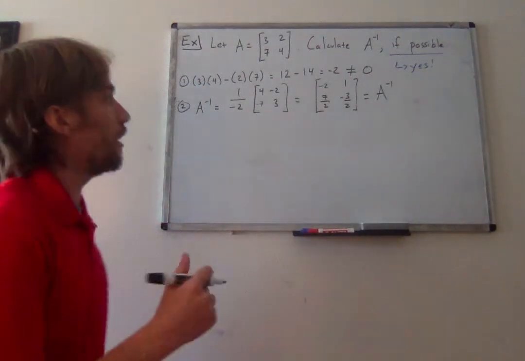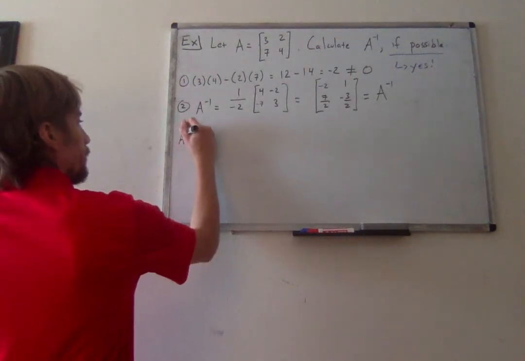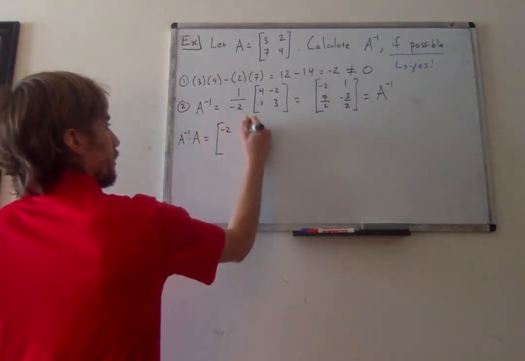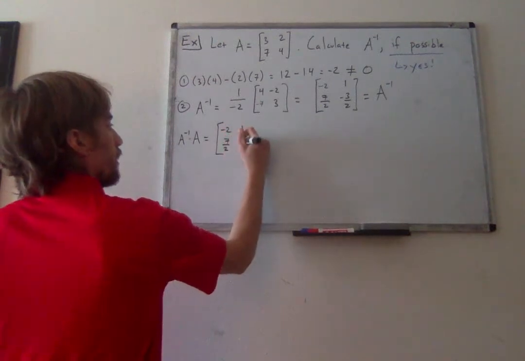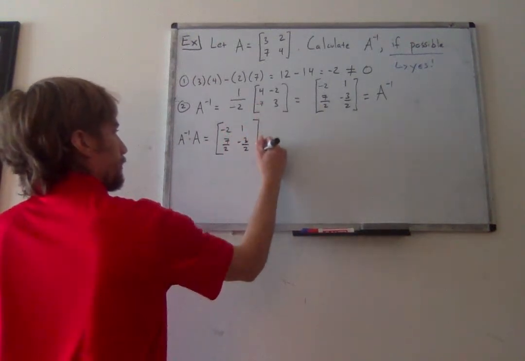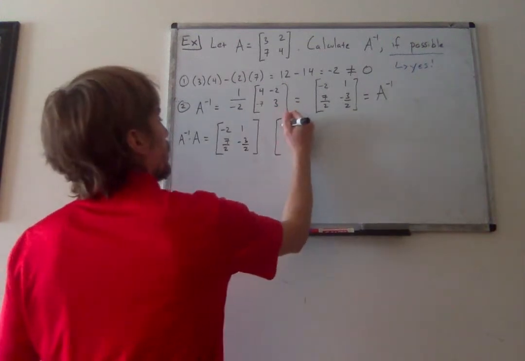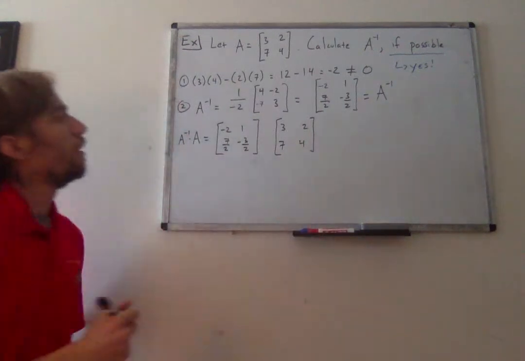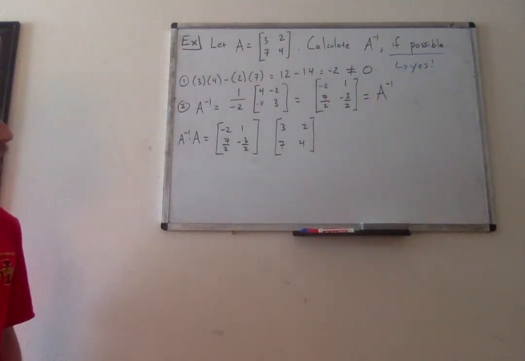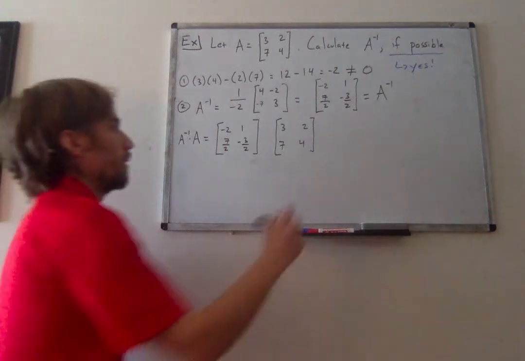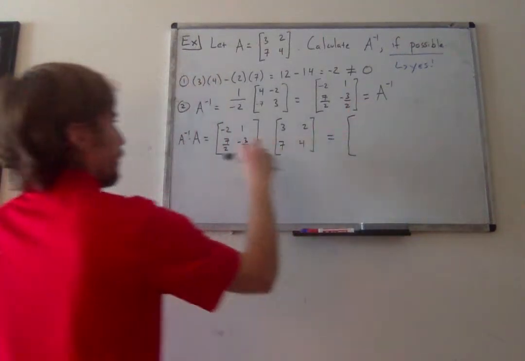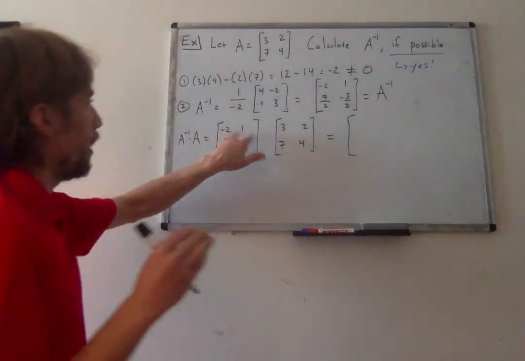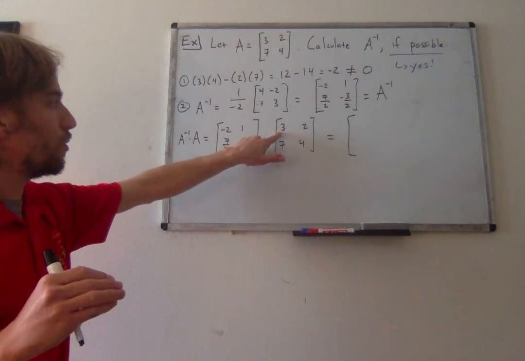And so just for the fun of it, I thought we could convince ourselves that this formula was actually working and calculate the product A inverse times A. All right. Well, doing our matrix multiplication dance, matching this row up with the column, I get -2 times 3 plus 7.